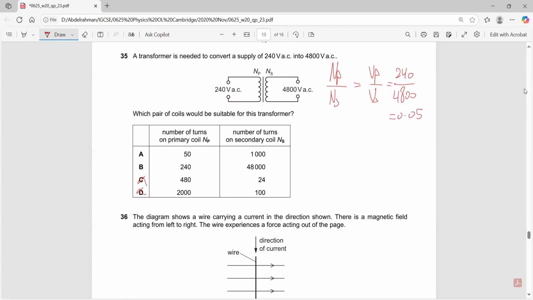If you calculate 50 over 1,000, this would be 0.05, which is correct. So it's A.